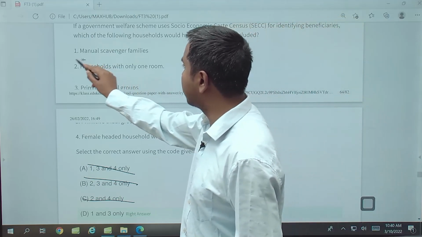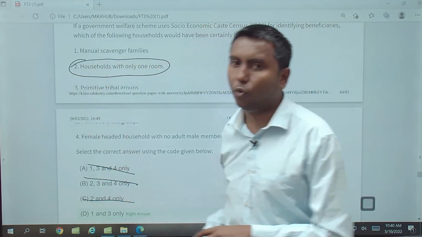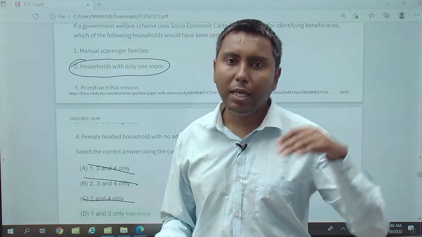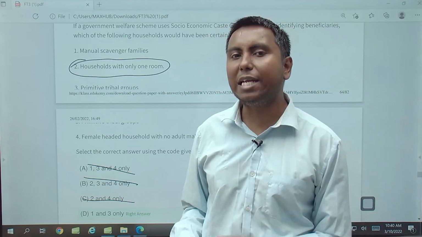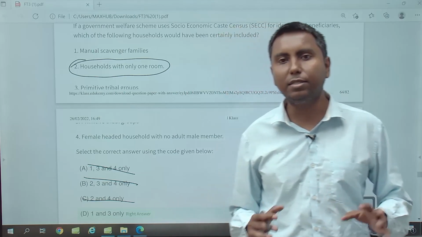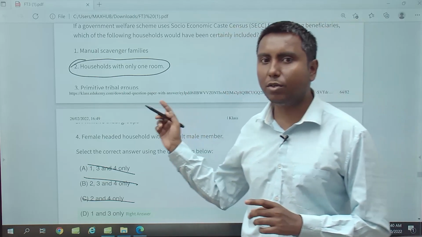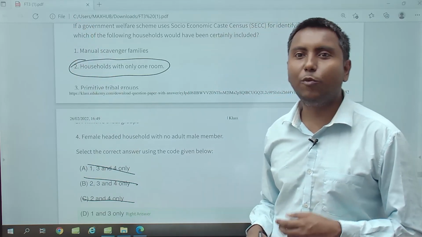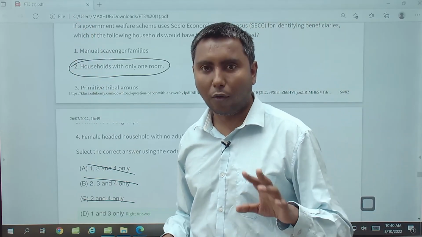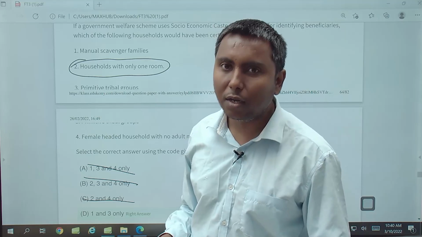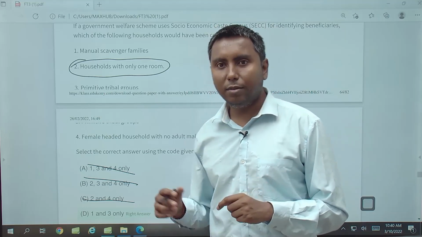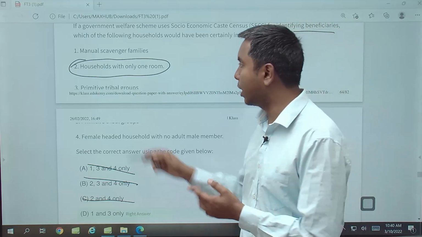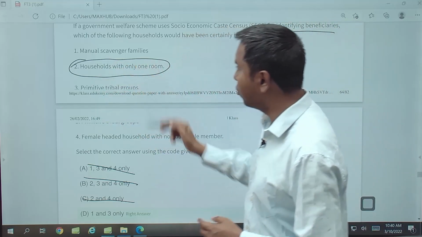Same you can do with this also. Household with only 1 room. Of course, if there is a household with only 1 room in some village area, then you would say that the person is poor. But if someone has a household with only 1 room, but say in South Delhi, then what would you say about that person? Of course that person is relatively poor, but not so poor that they will be eligible for benefits. So 2 is incorrect.